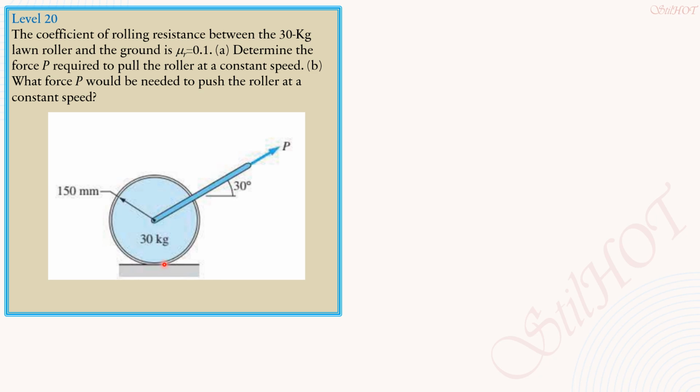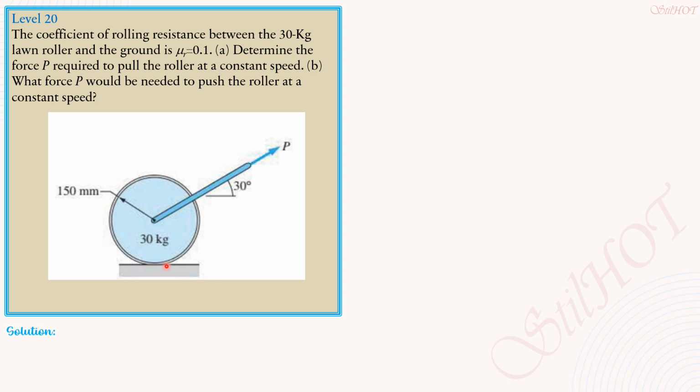We simply sum up moments about that point where the resultant on the ground intersects with the outer surface of the wheel, and the horizontal distance between the vertical line through the center of the wheel and that point where the resultant acts is the coefficient of rolling resistance.